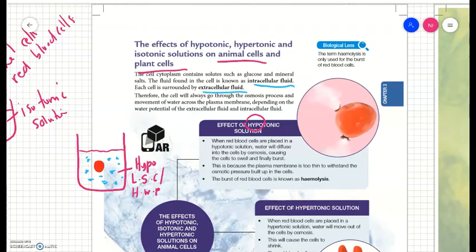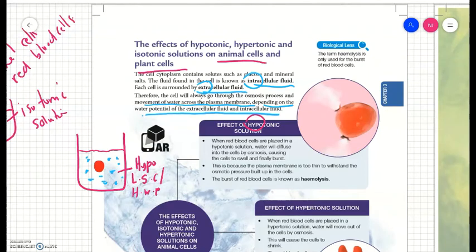So intra means di dalam, extra ni di luar. So it has the movement of water across plasma membrane depending on the water potential of extracellular and intracellular fluid.